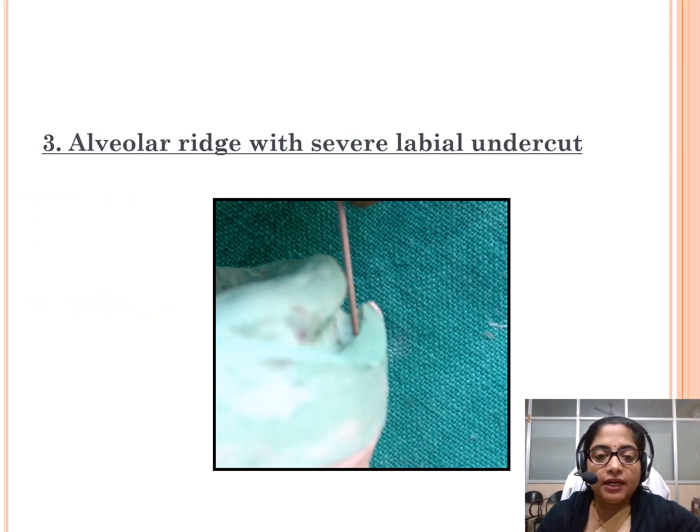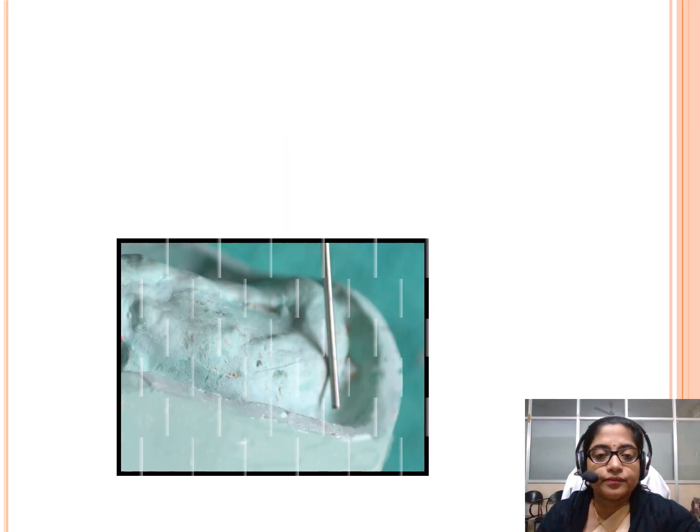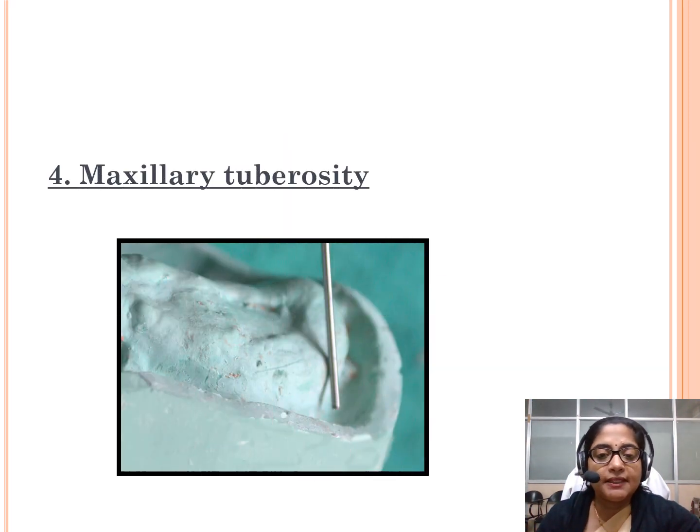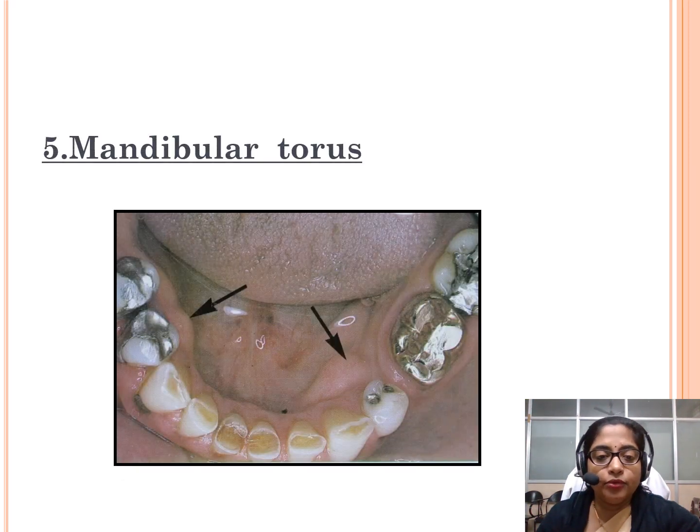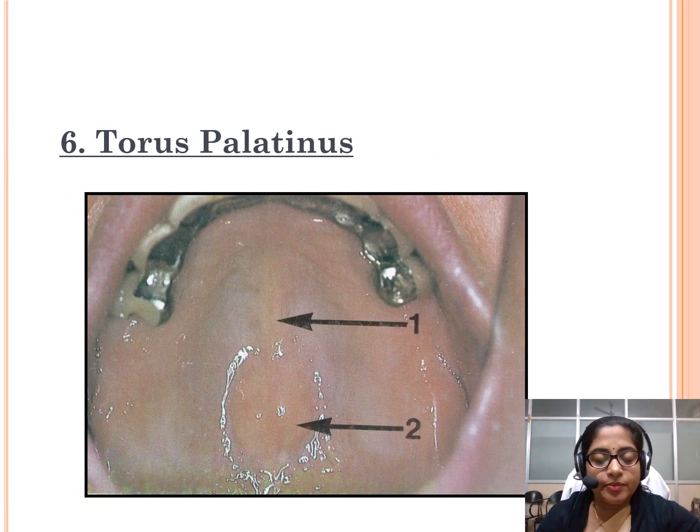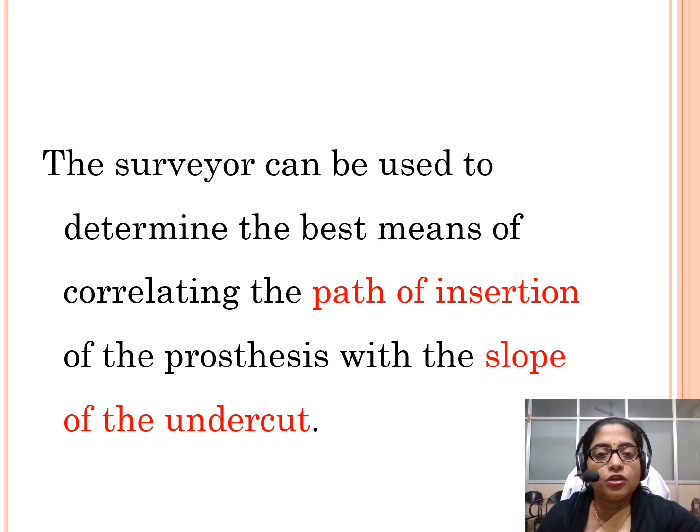Alveolar ridge with severe labial undercut, very common. Maxillary tuberosity, another commonly seen undercut. Mandibular torus, quite rare but it is there. Torus palatinus, again rare but can be encountered. So all these are interferences, and the surveyor can be used to determine the best means of correlating the path of insertion of the prosthesis with the slope of the undercut.